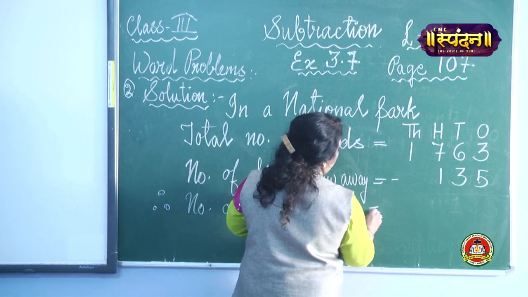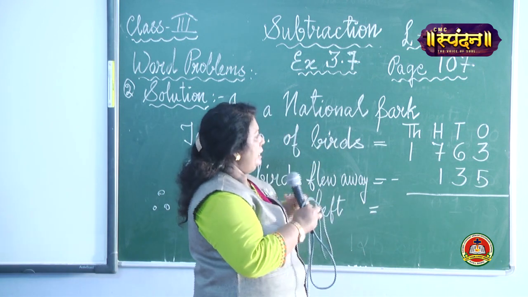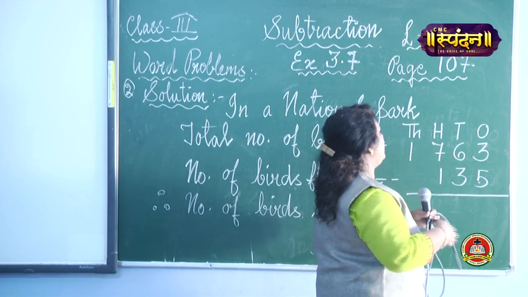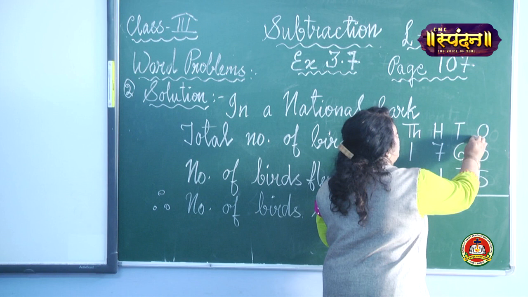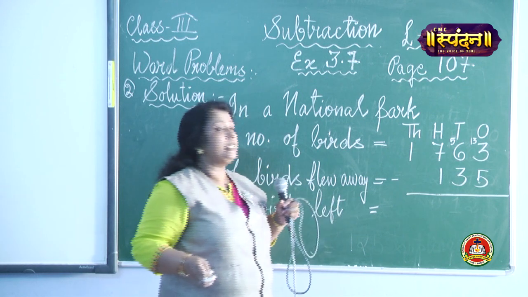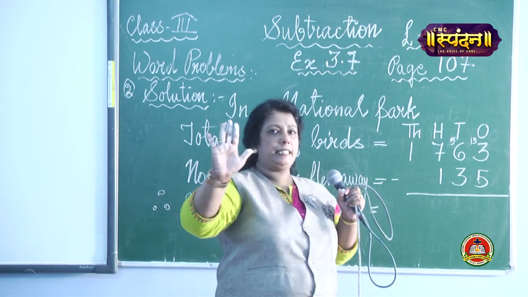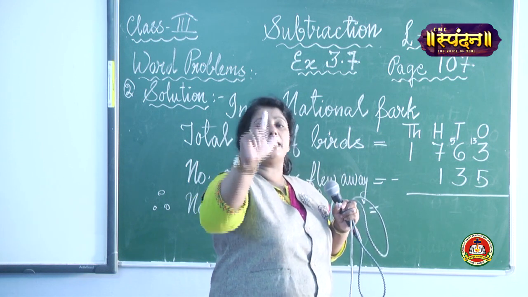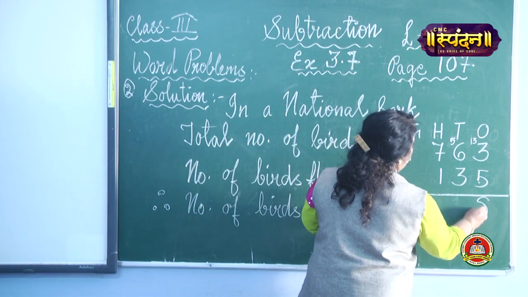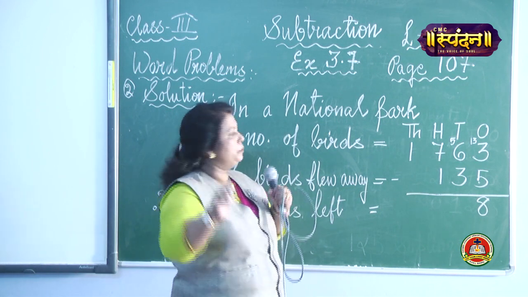That is, we'll do subtraction. From 3, we cannot subtract 5. Chalo, we'll ask one from tens place. That will be 13. यहाँ पे here it will be 5. Right? 13 minus 5. 13 on my mind, 5 on my finger. 13 से कम, 12, 11, 10, 9, 8. So I'll write 8 over here. 5 minus 3. 5 से कम, 4, 3, 2.